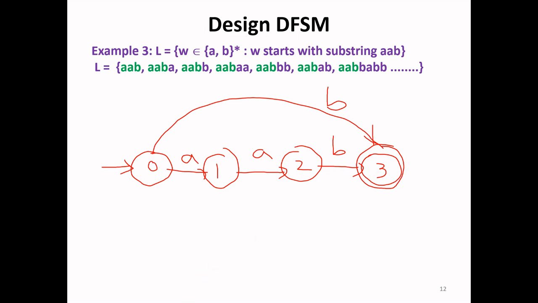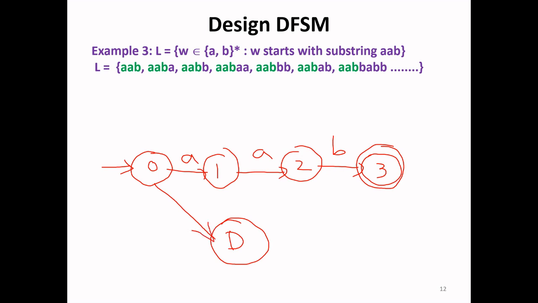At that time comes a state called a trap state or dead state or error state, state D, wherein this B transition will be trapped.